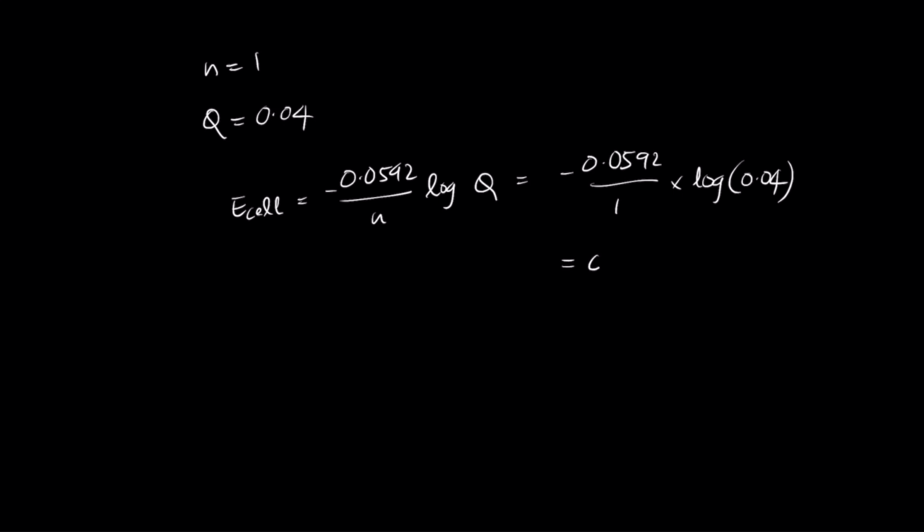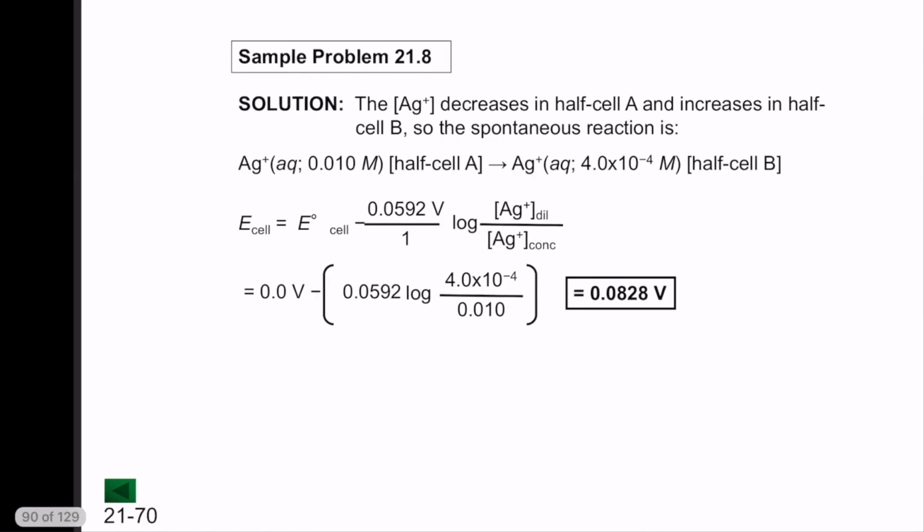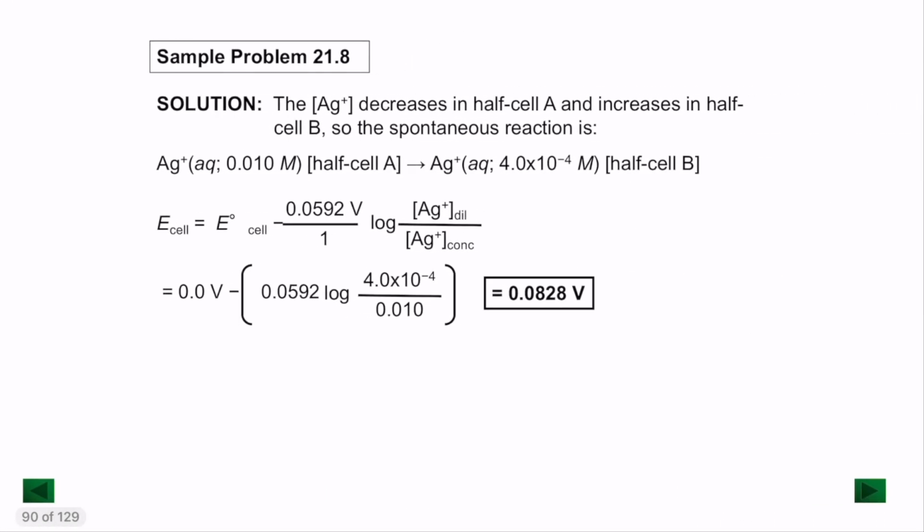So that gives you a value of 0.0827, which when rounded off will give you a value of 0.083 volt. So the cell potential is 0.083 volt or 83 millivolt. So this is the cell potential value, and this is how you can calculate the cell potential.